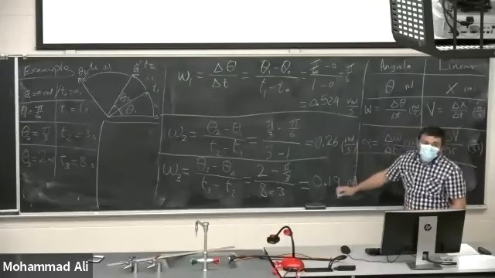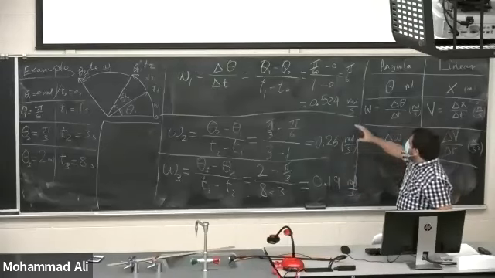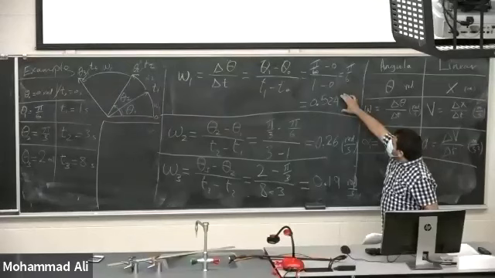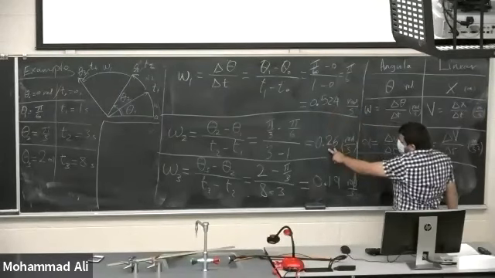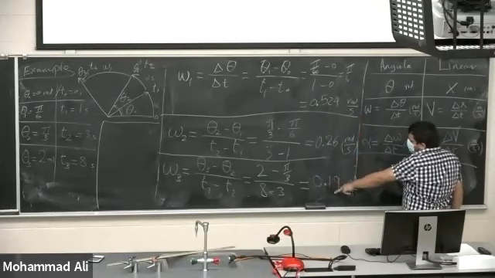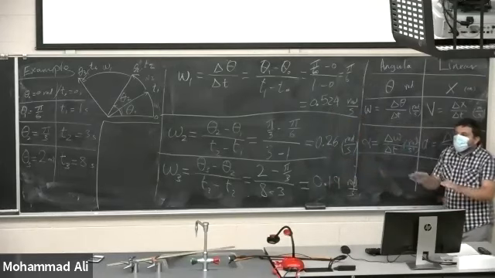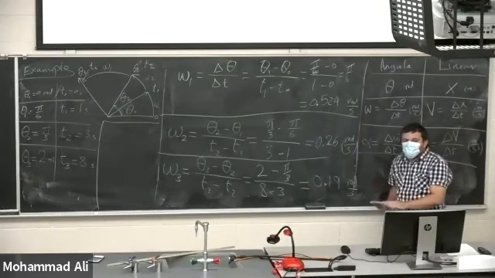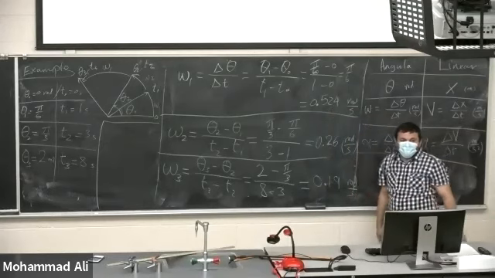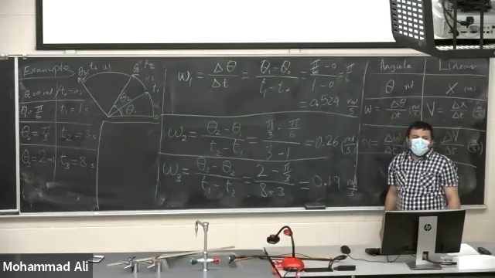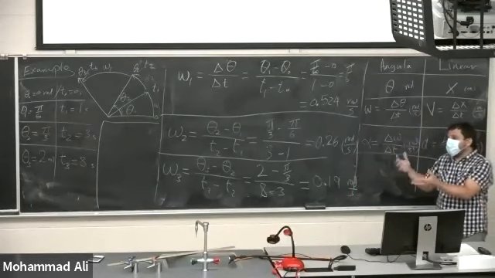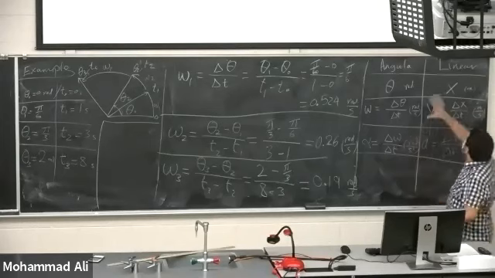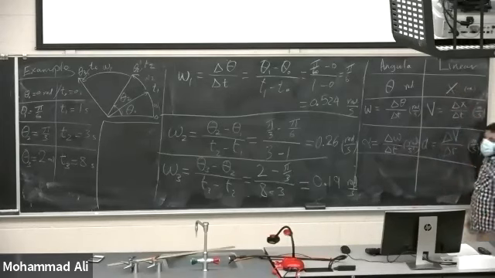This is another velocity. We have 0.52, 0.26, 0.19. Is the angular velocity now increasing or decreasing? Decreasing. It is the same question that I asked before in the linear motion.